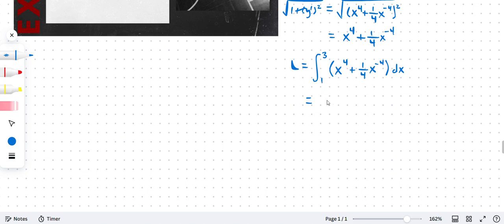Equals. All right, so 1/5 x to the fifth. Increase that to negative 3, so minus 3/4 x to the negative third.